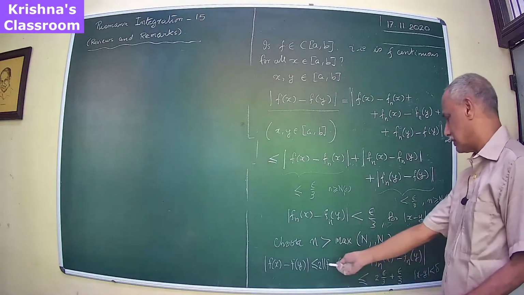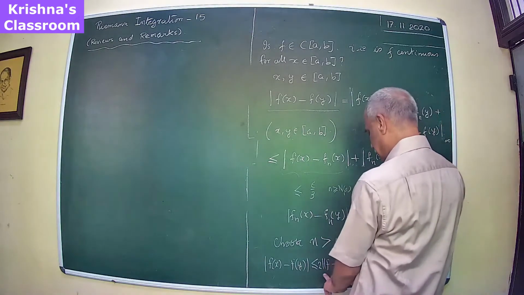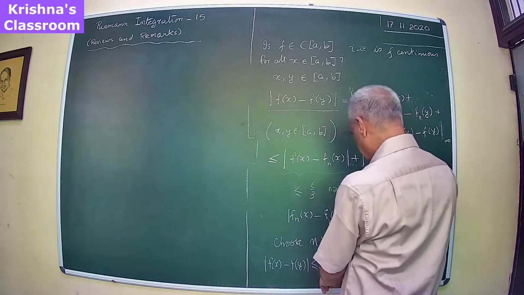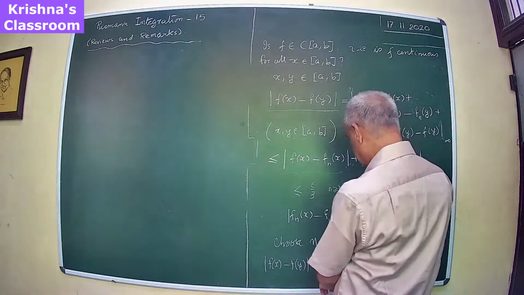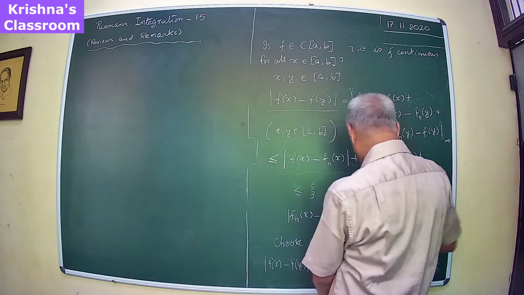So this is true, and then you choose n sufficiently large so that given epsilon, this is less than epsilon by 3, alright, and for that n you work this out.